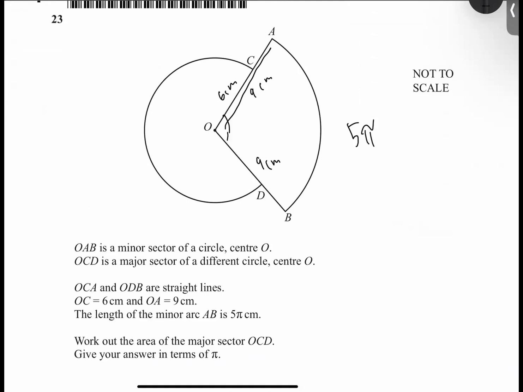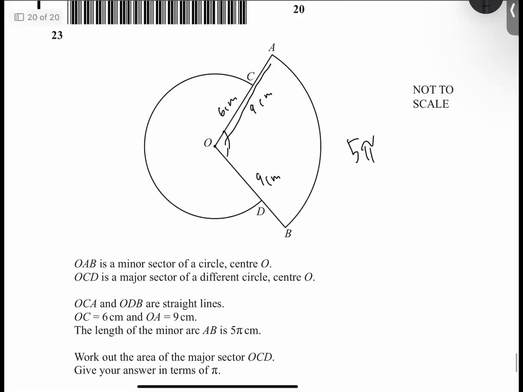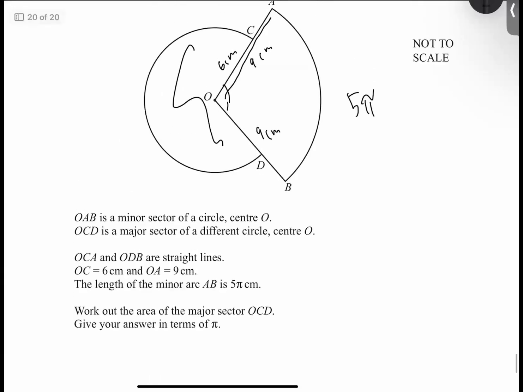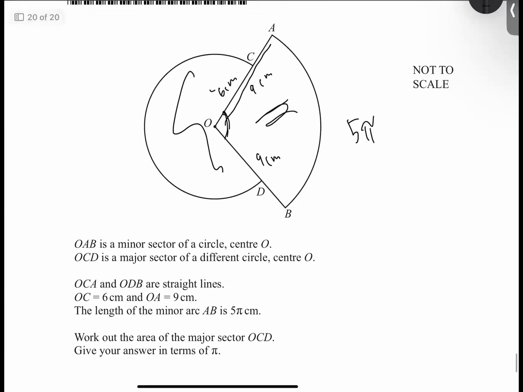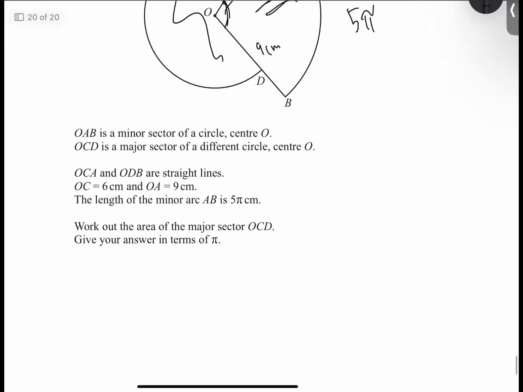Since OA is 9 centimeter, OB would also be 9 centimeter, and the arc length AB is 5 pi, right? We need to find the area of the major sector OCD. So first we're going to find out angle AOB, which is this one right here, so that we can find the area of this sector, and then we'll find the area of OCD, and then we'll subtract both the values. That's my game plan right here.